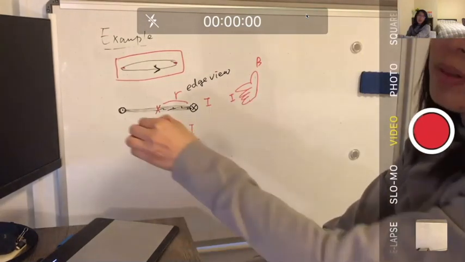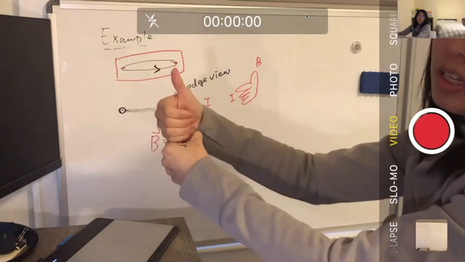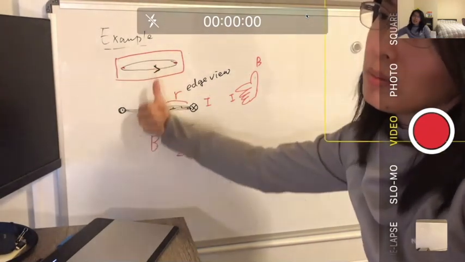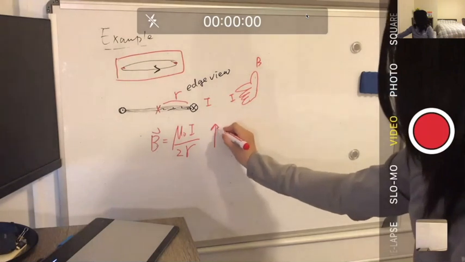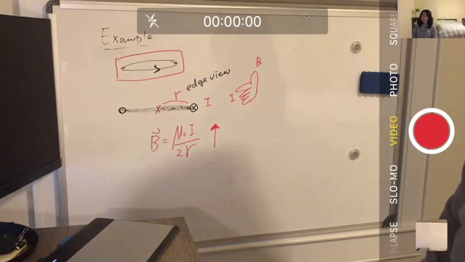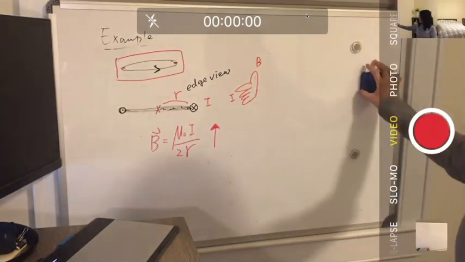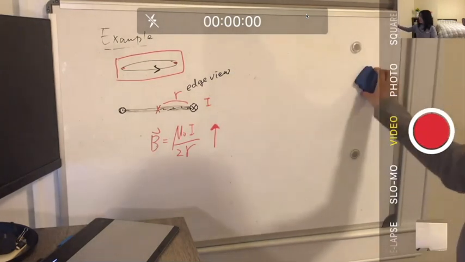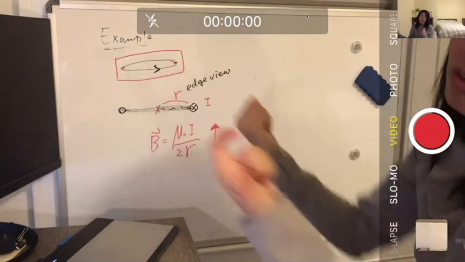I use my 4 fingers to curl along the current, and my thumb tells me the magnetic field in the center will be going upward. If you don't want to use the second right-hand rule, you can use the first right-hand rule, and that will also give you the same answer.